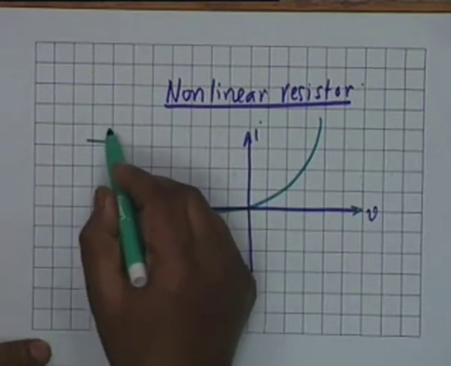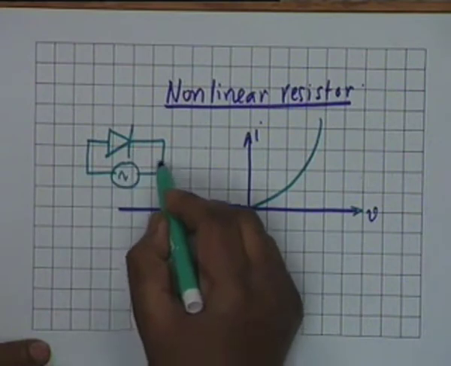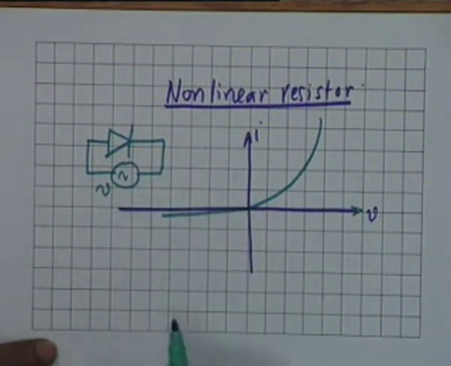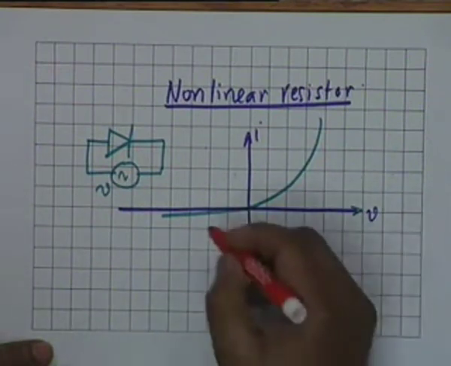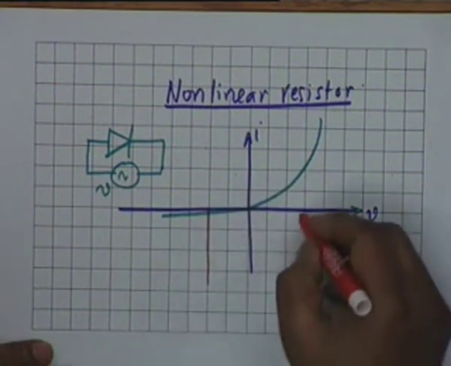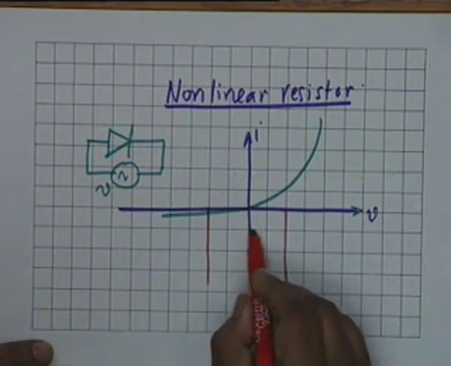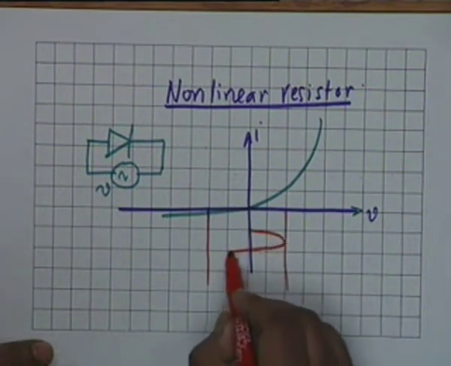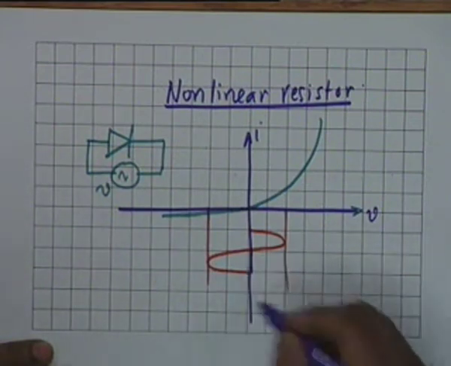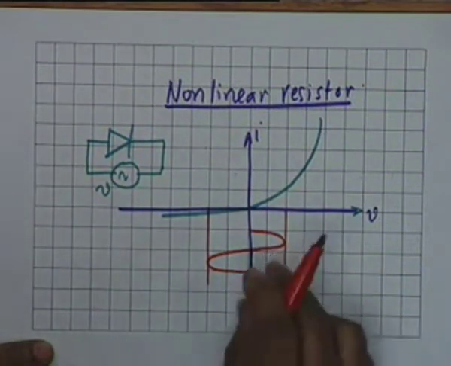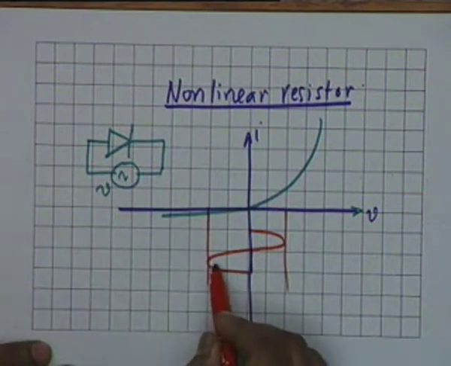That is, you have a diode, this is the symbol for a diode, you apply a sinusoidal voltage V. Sinusoidal voltage means that the voltage varies like this. Ignore this slight deviation from sinusoidalness. This amplitude is equal to this amplitude.